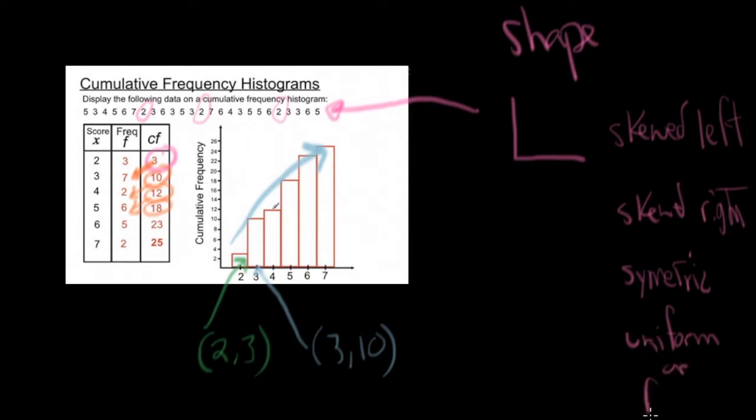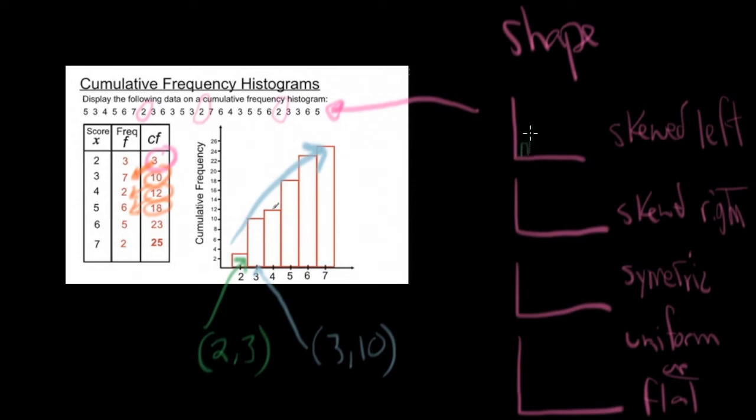Uniform, or flat. So what do those kinds of distributions look like? Well, something that is skewed left would look something like this, something like that. Something that would be skewed right would be something like this, like that.